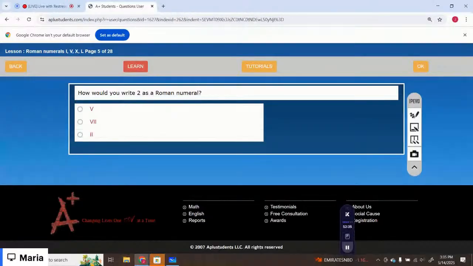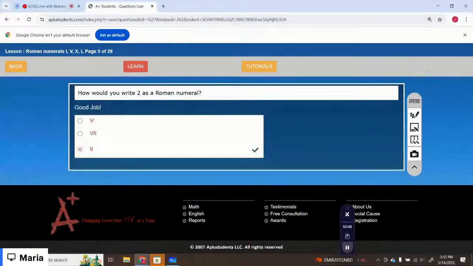How can we write 2 as a Roman numeral? So which is the correct option? Option number 3 is the correct option. That is 2.